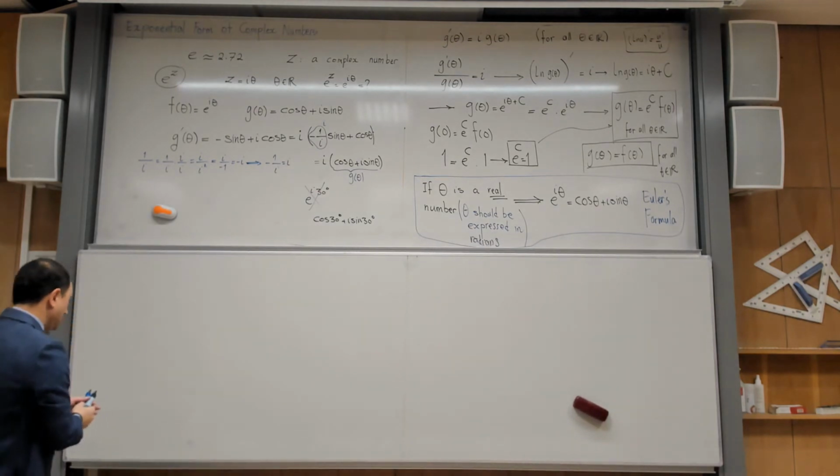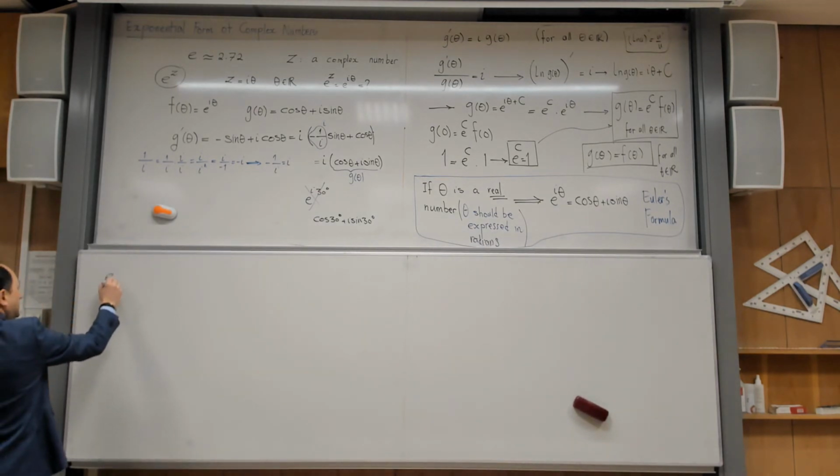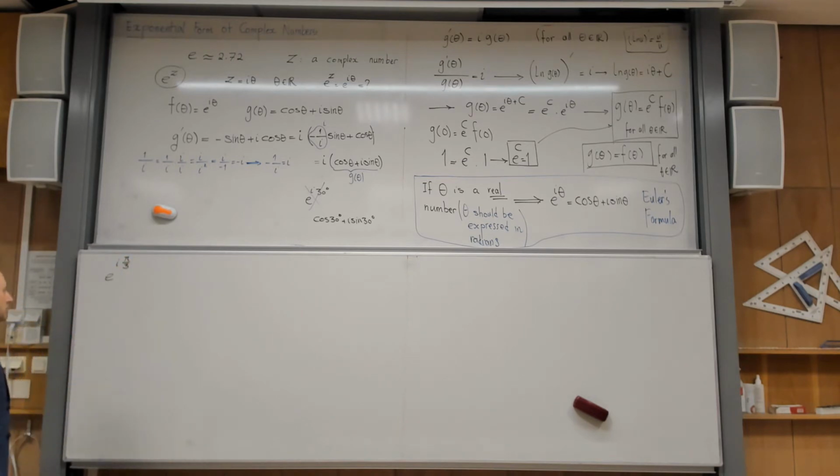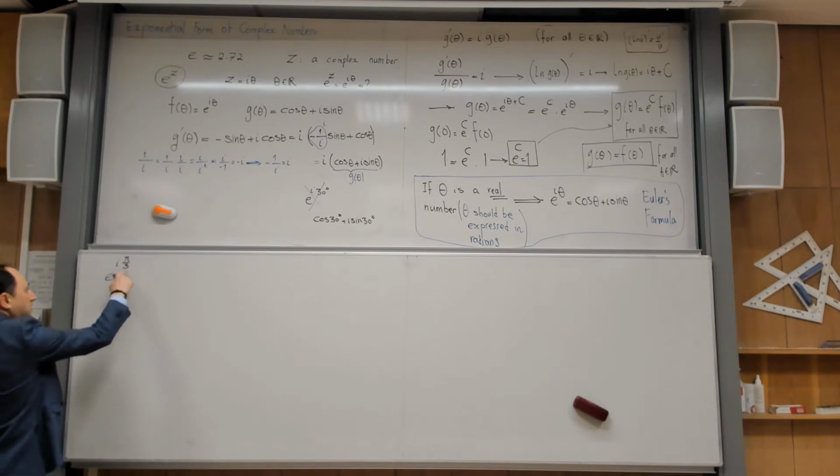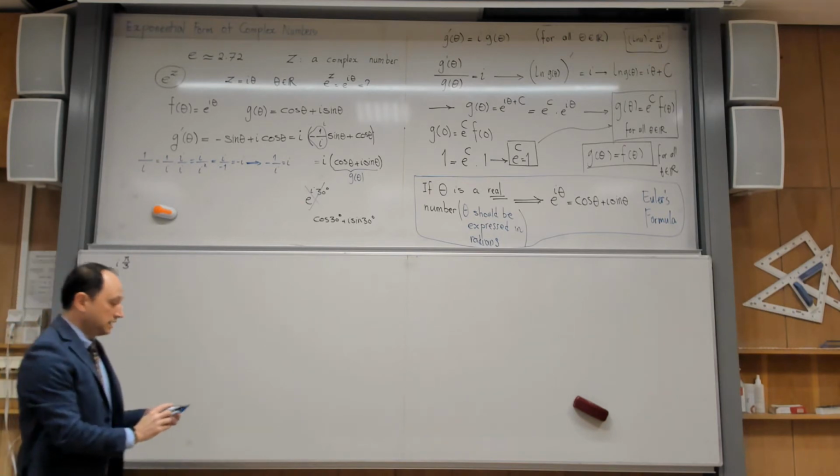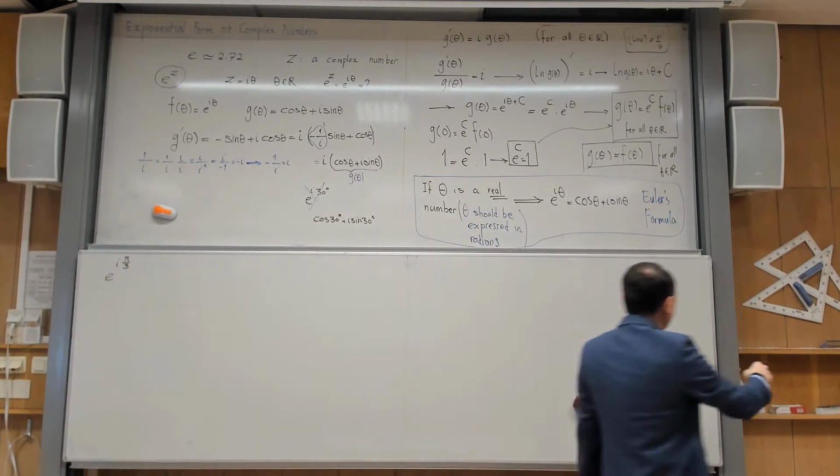So for example, if I ask you what is e to the power of i pi over 3, this is a completely reasonable expression to write in complex numbers. If I want to write it in standard form, it's a complex number, by the way. So you see that e to power i theta is a complex number.